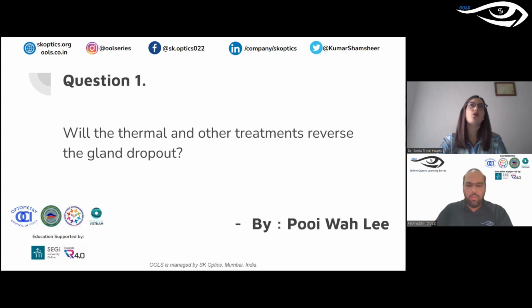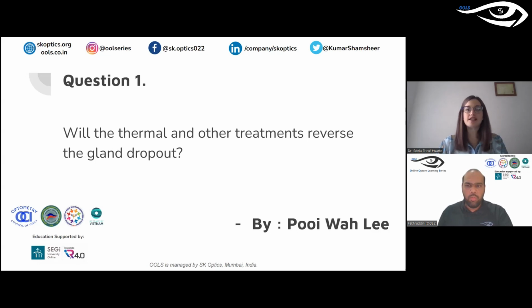Regenerating is quite complicated, but it would be in the realm of regenerative medicine, where you actually have to get specific stem cells, then transform them into the cell that you want them to become, and that would be more a regeneration. Reversing the gland dropout, I think we can reactivate the glands and tissues to get them working.